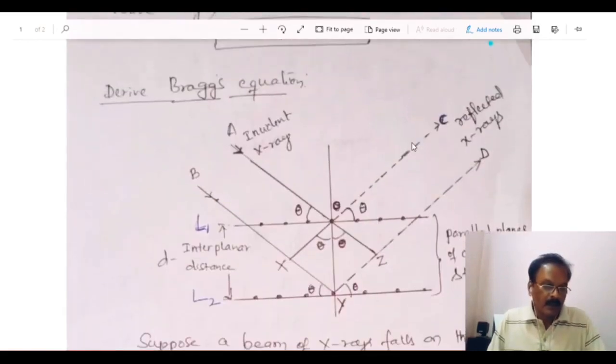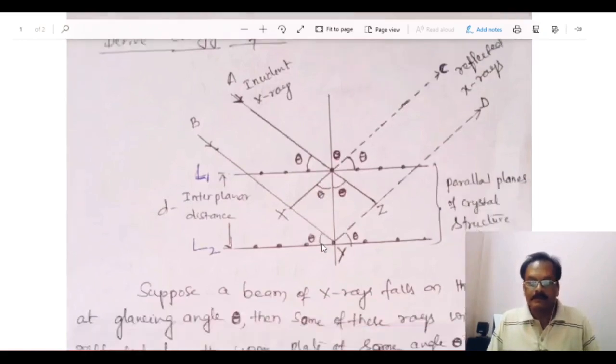On the other hand, some rays like BY penetrate into the crystal and are reflected by the atoms in the atomic planes L1 and L2 as shown in the figure.